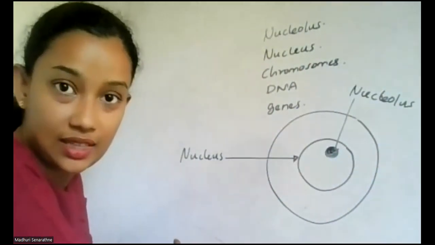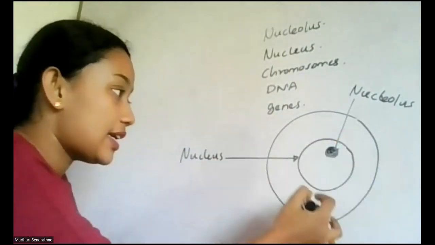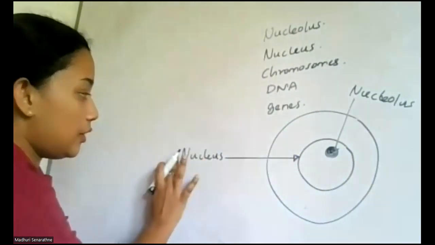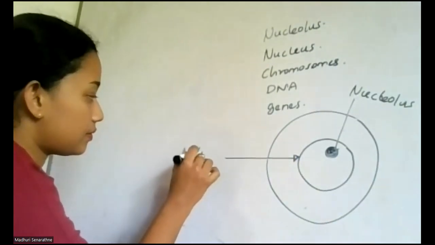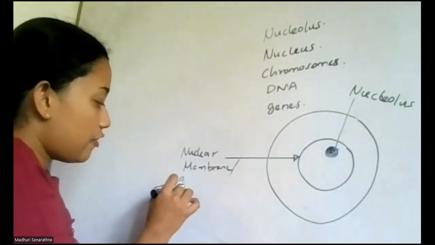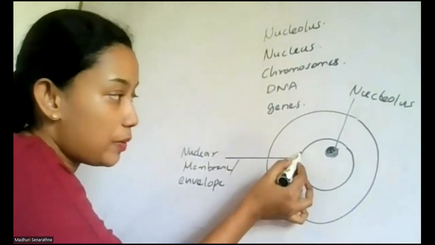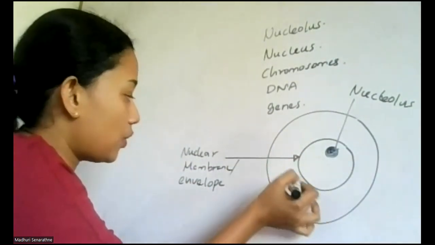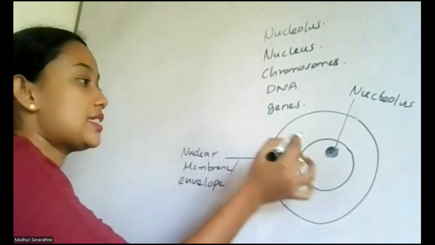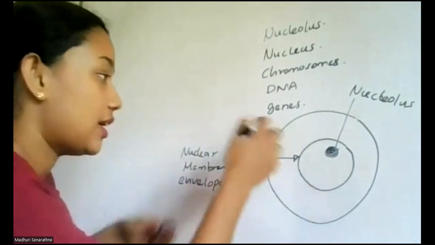Other than the nucleolus, this particular membrane we call the nuclear membrane or nuclear envelope. Even though we have represented this nuclear membrane as a single line, actually it has two membranes. Sorry, it is a two membranous structure.